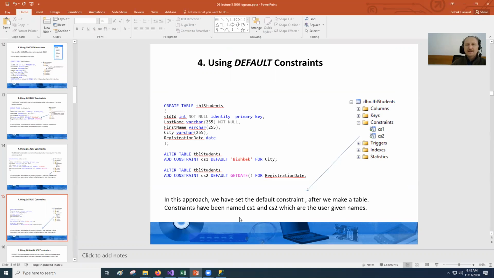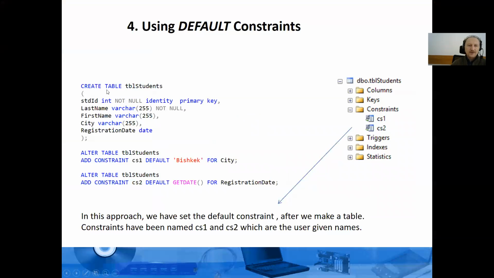Also, you can add a constraint later. For example, when you finish the design of your table, you can use this command, alter table. This means change or modify this table and add one constraint to it.